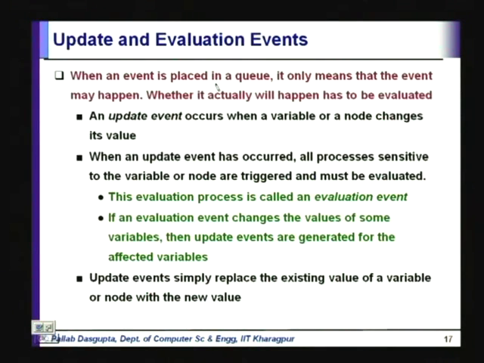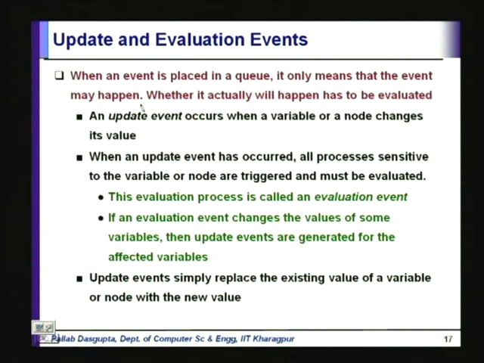When an event is placed in a queue, it only means that the event may happen. Whether it actually will happen has to be evaluated. Why do we say that it may happen?